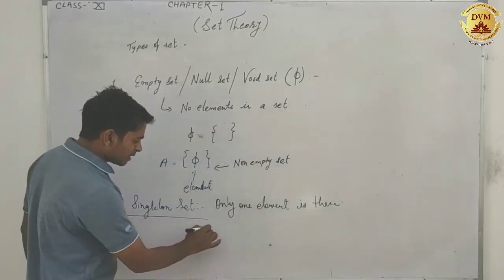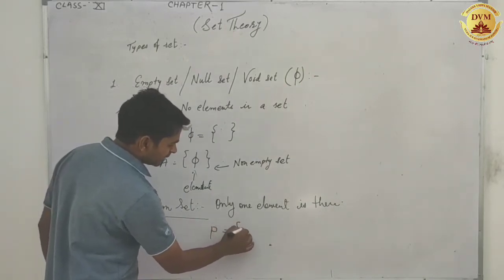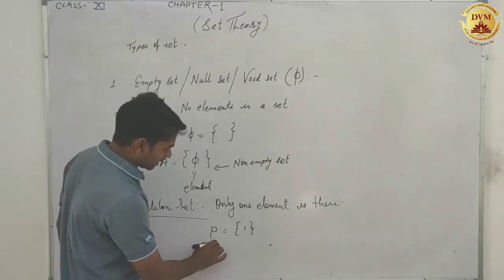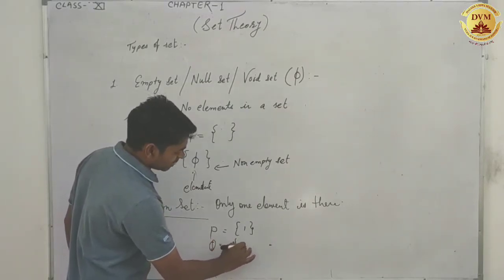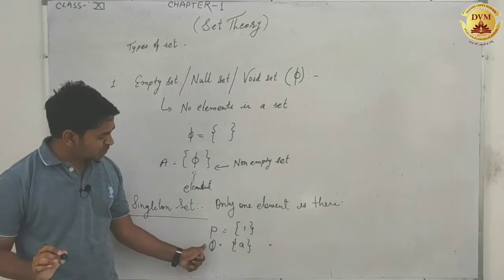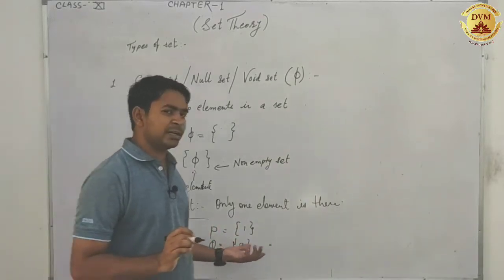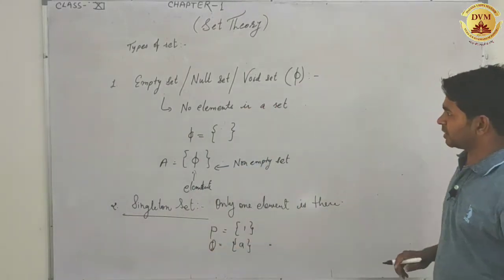For example, let P be a set with only one element, suppose 1, and another set, suppose A, also with one element. So these two different sets have one element each, and this type of set is called a singleton set.